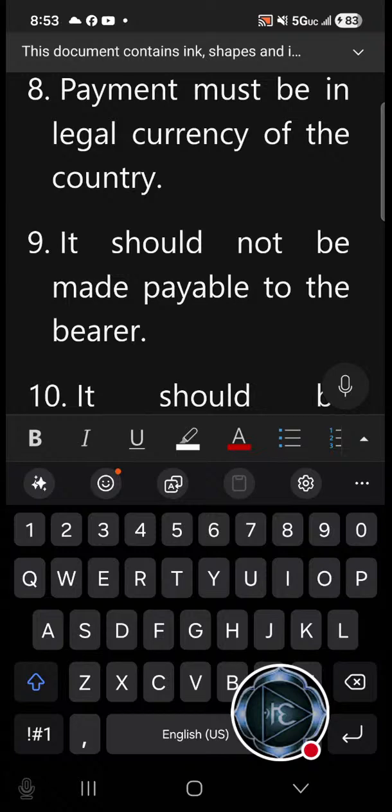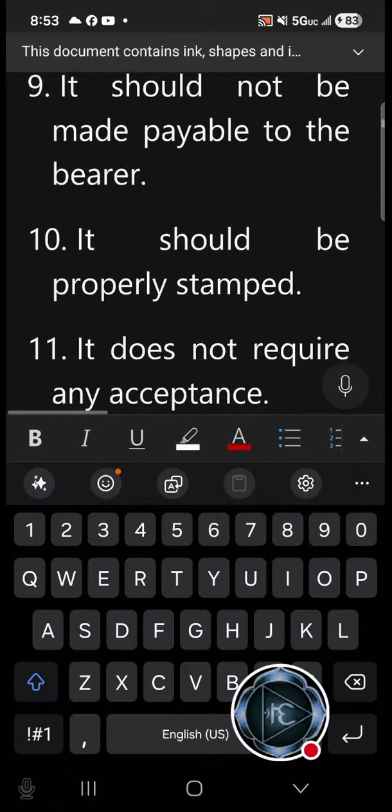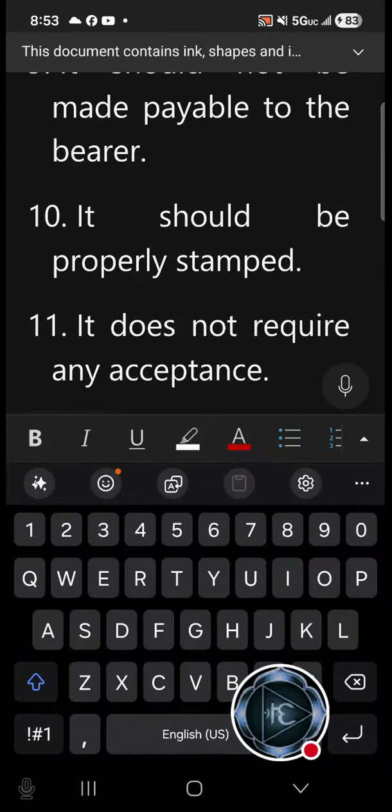Now this is the understanding when you're drafting or you have received a promissory note. It should not be made payable to the bearer. It should be properly stamped. And it does not require any acceptance.